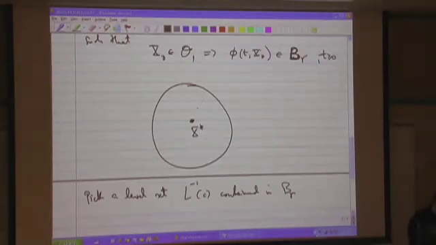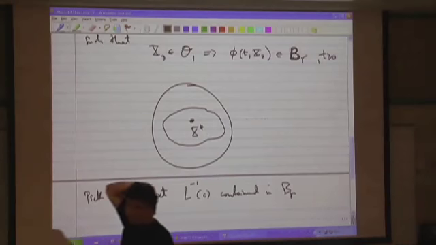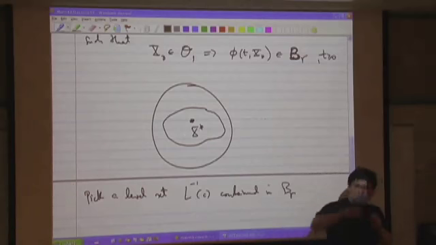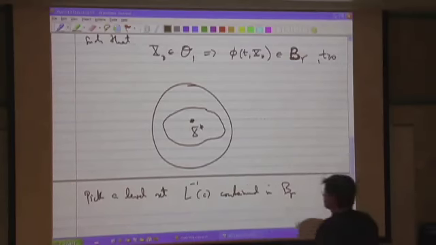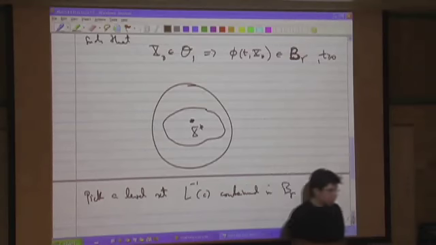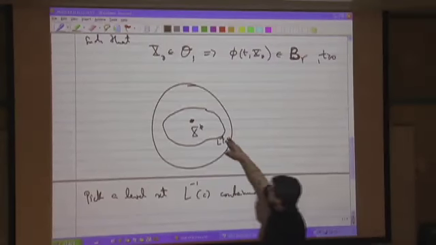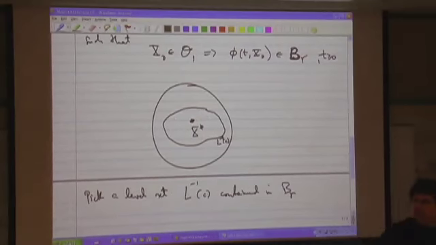As I said, the level sets, assuming they're closed, so this is not going to apply to that case that I mentioned earlier, where the level curve can actually be squeezing to infinity. So let's pick a level curve that's inside of this. Everything inside of this region actually has L that's smaller than this value C.